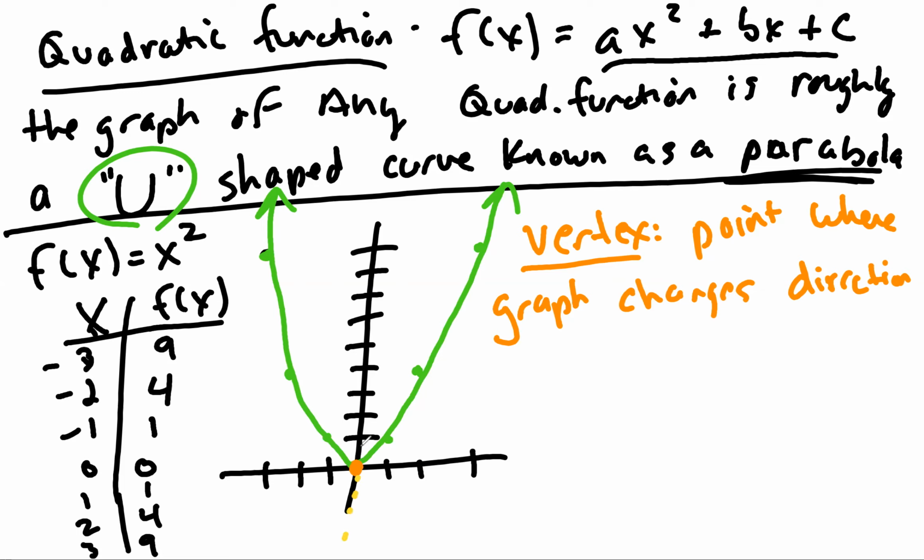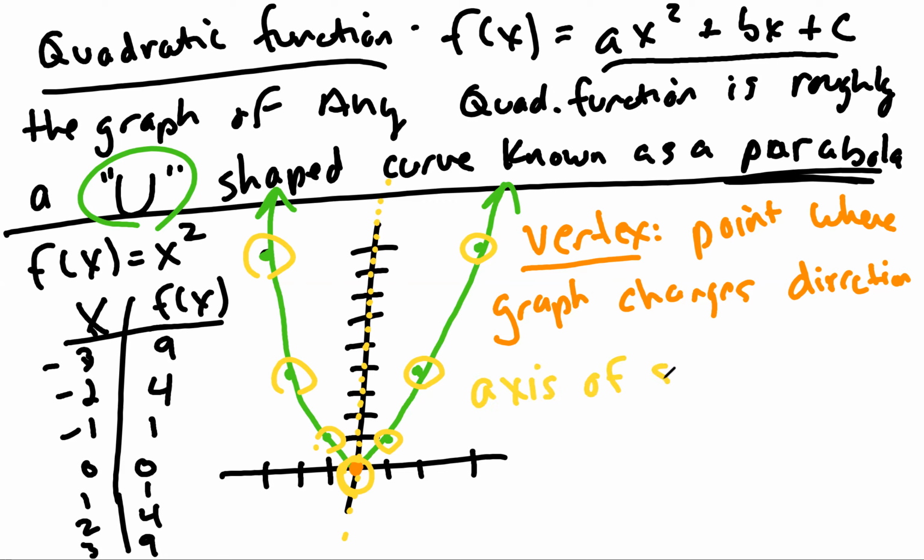If we could pick this graph up and fold it along this dotted yellow line, then these 2 points would touch each other, and these 2 points would touch each other, and of course, these 2 points would touch each other. And the vertex would touch itself, so to speak. That particular line, this yellow dotted line, is called the axis of symmetry.